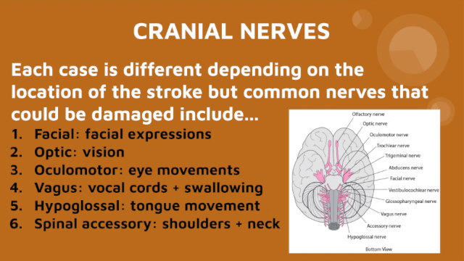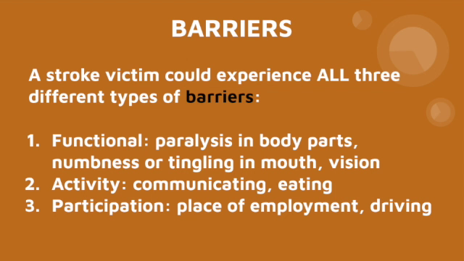Barriers are simply something that prevents or blocks us from being able to do something, so it can make it really difficult or nearly impossible to complete. A stroke victim could experience all three different types of these barriers. Number 1, functional barriers, which include maybe paralysis in body parts, numbness or tingling in the mouth, vision impairments.